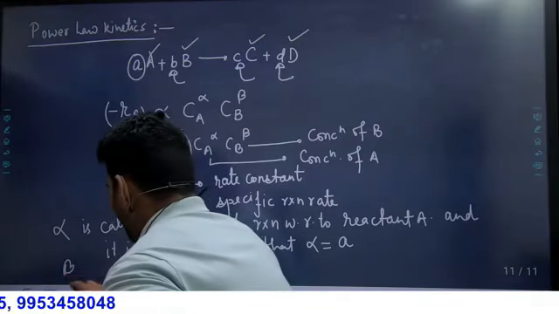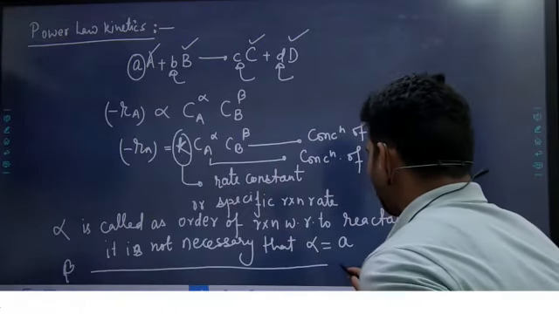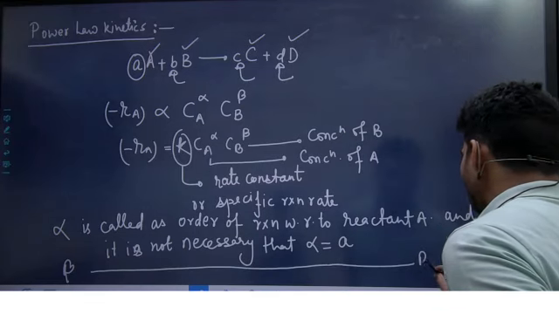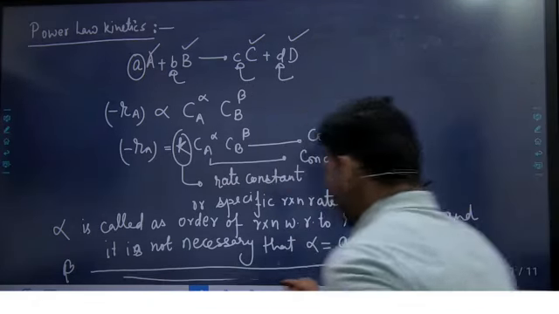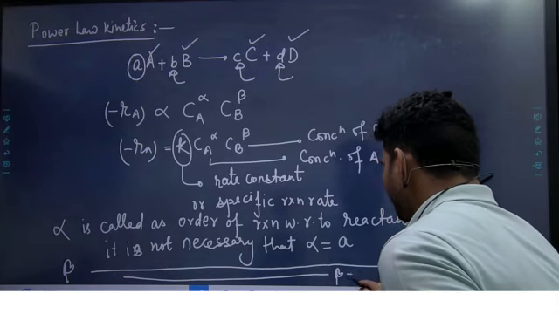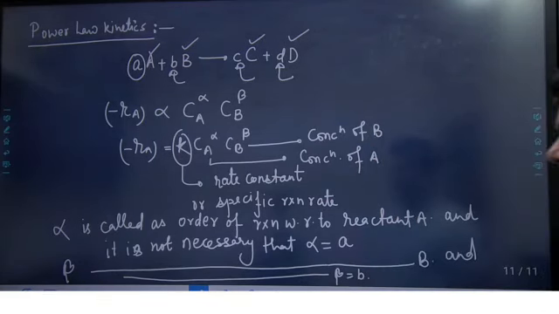Same for beta. Beta is called the order of reaction with respect to reactant B, and it is not necessary that beta will equal small b, the stoichiometric coefficient b.